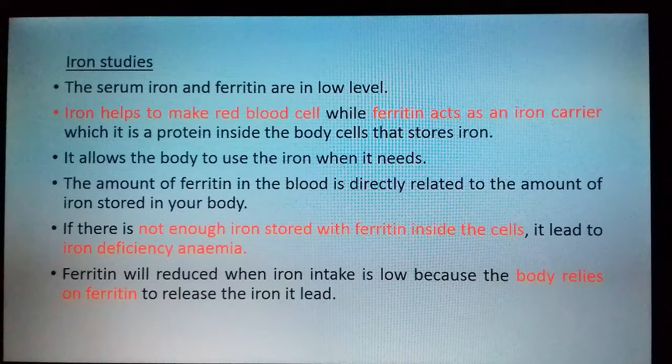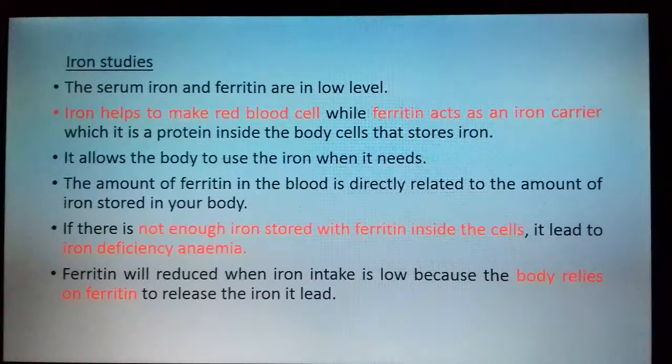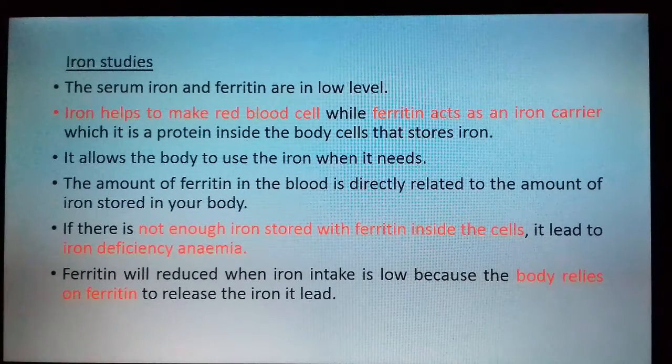The amount of ferritin in the blood is directly related to the amount of iron stored in your body. If there is not enough iron stored with ferritin inside the cells, it will lead to iron deficiency anemia. Ferritin will reduce when iron intake is low because the body relies on ferritin to release the iron it needs.